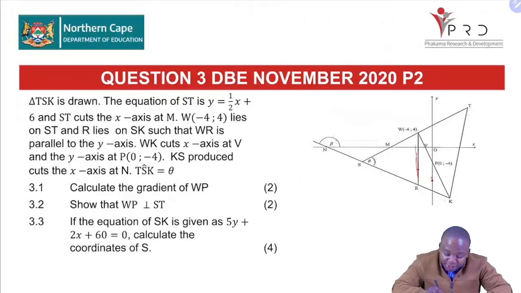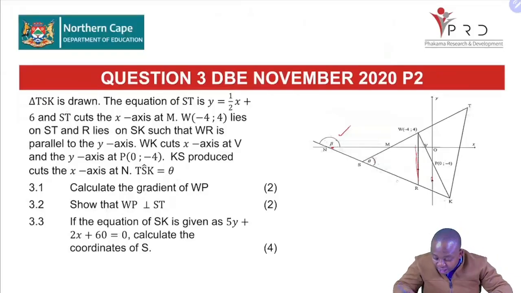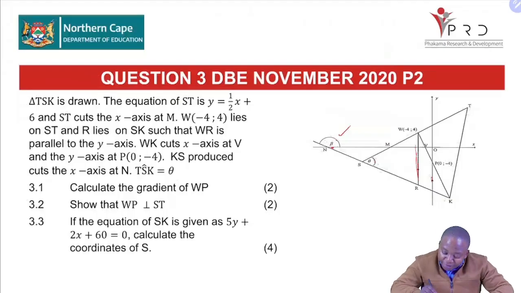If we're given alpha and beta, we can think of those angles that we need to find; those are the angles of inclination that we might be required to calculate. Then we have a point P which is on the y-axis, and we have W right there. Remember, we are not going to make any assumption. We are going to analyze our diagram based on what is given.